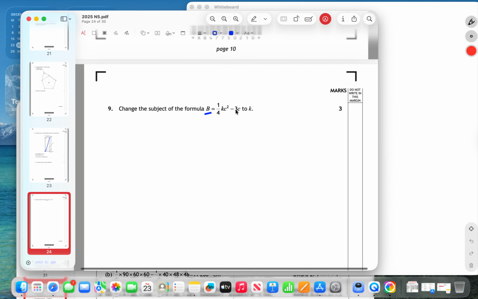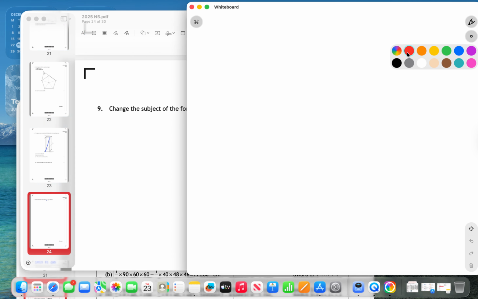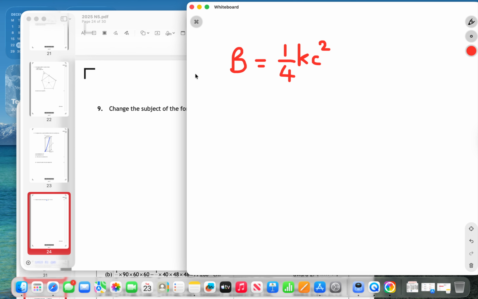So pause the video if you want to have a look at it or attempt the question, and otherwise I'm going to continue. So we have B is 1/4 KC squared minus 3C.